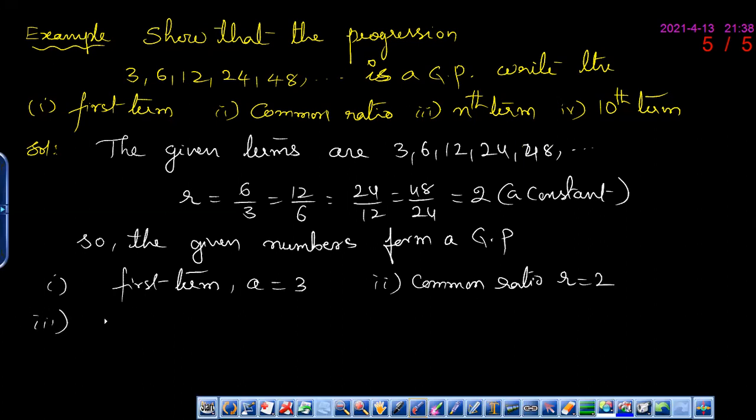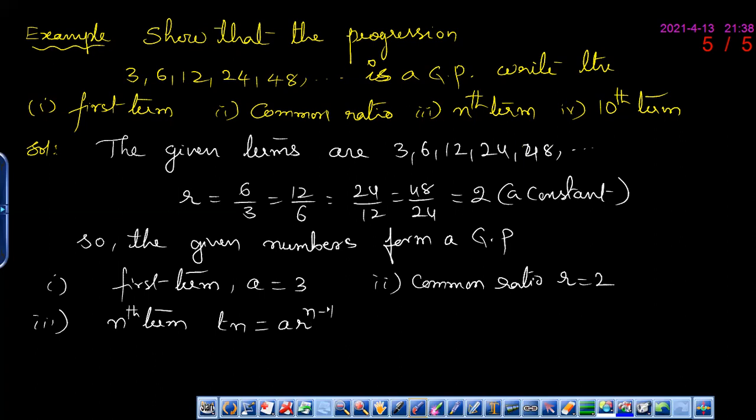Let us find the nth term. The nth term formula is Tn is equal to AR to the power n minus 1. Pronounce it properly: AR to the power n minus 1.